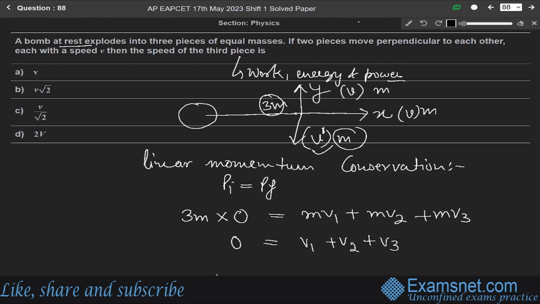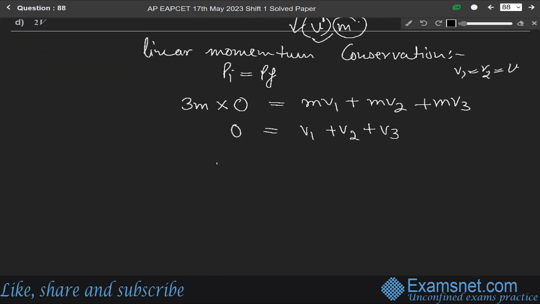Now, according to the question, since these two particles are moving in perpendicular directions with the same speed v, v1 equals v2 equals v. So in place of v1, v2, we just write v. So 0 equals v in the i direction, meaning x direction, and v in the j direction, meaning y direction, plus v3.